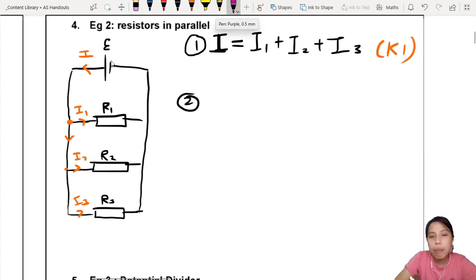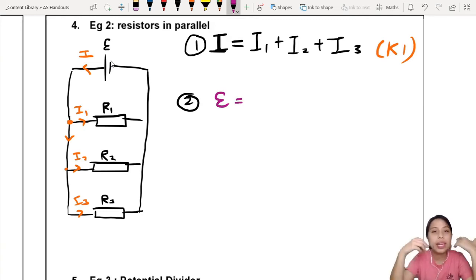You want to think about the sum of PD. This one is kind of interesting. So yes, you have EMF that is providing energy to the circuit. But what is the potential difference across each of these resistors? Think of it this way. All these lines are in parallel, right?